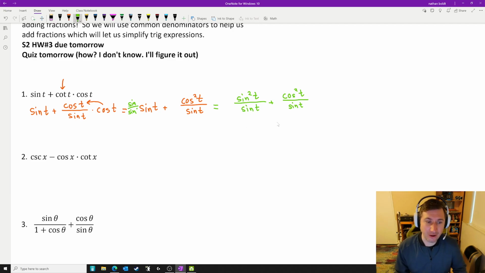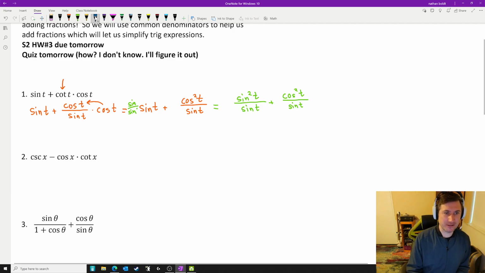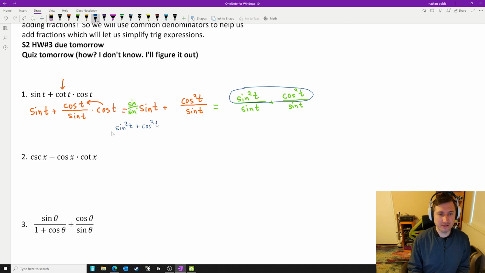Now that they have a common denominator, we are allowed to add the numerators. So add the top: sine squared plus cosine squared. Awesome. Hopefully you can see what that's going to do. On the top we have sine squared plus cosine squared over sine.